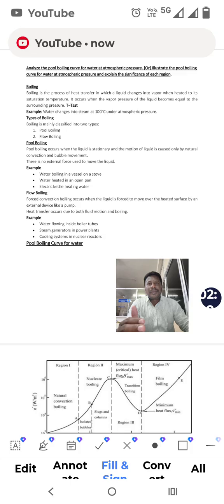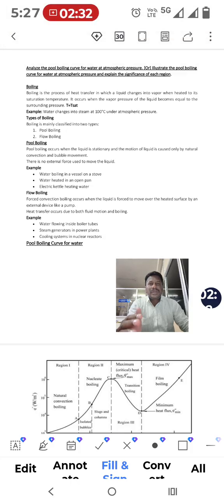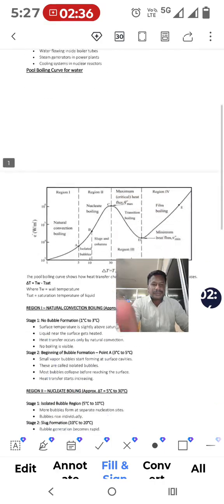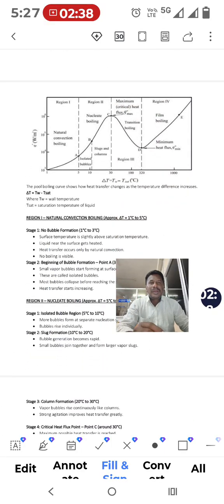Next we will see the pool boiling curve for water. This is the curve of water in pool boiling. It consists of four regions: region 1, region 2, region 3 and region 4.